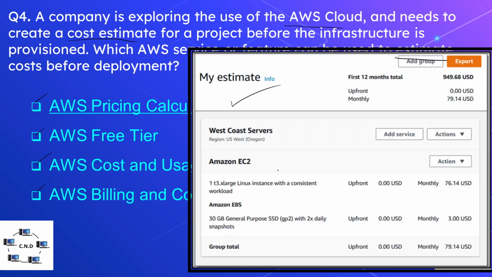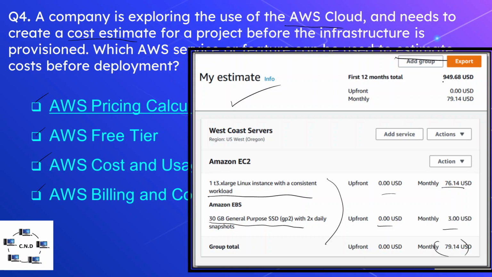Here, let's suppose the user wants to deploy a Linux instance and a 30 GB SSD. So these are the costs, the monthly cost. There is no upfront cost. And the total for these two services will be $79.14 monthly cost.